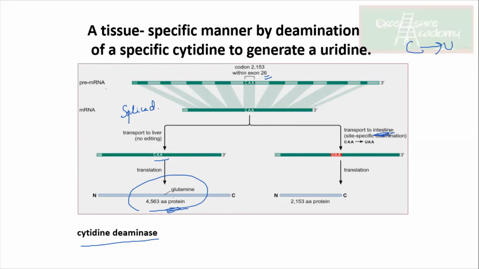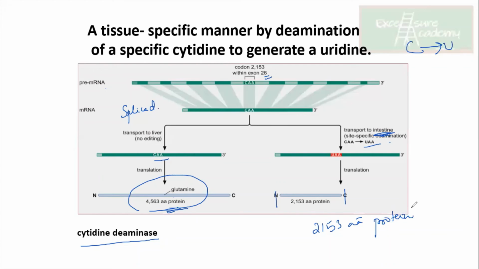The site-specific deamination is happening there. Your cytidine deaminase is activated and it converts your CAA codon to UAA, which is a stop codon. So it will just code till here, and that will be around a 2153 amino acid protein. Okay, clear?